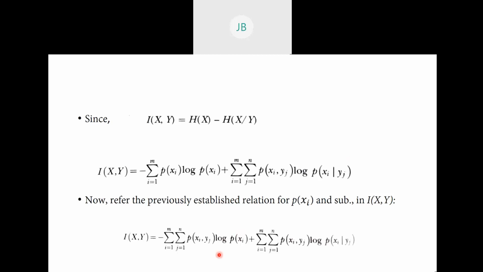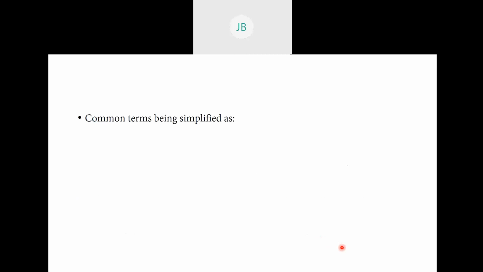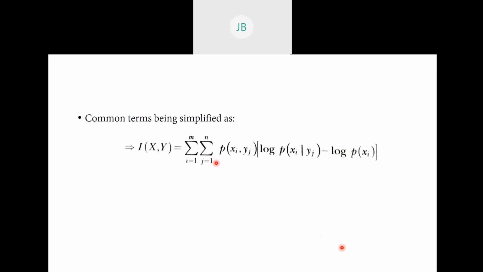In this case, we had this term here as well as this term here common, which is taken out, and then we will be left with minus log of P(xi) and log of conditional probability between input and output. So one of the common terms is taken out, and log of conditional probability minus log of probability of the input.